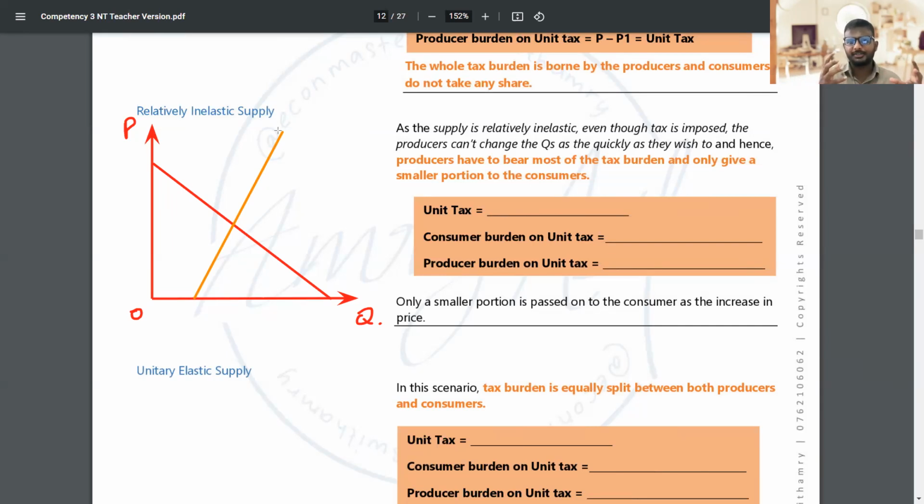A proper knowledge of that is important for you to answer a question from chapter 3. Okay, so like I said, for relatively inelastic supply, the curve will be a forward slash curve, a relatively steeper curve, not a flatter one, and it should start from the quantity axis, right? That's that. Now, let's draw the equilibrium.